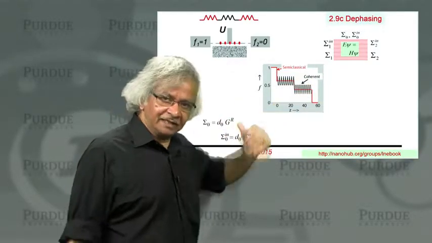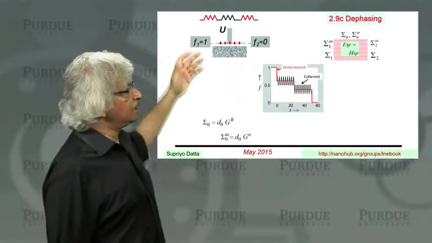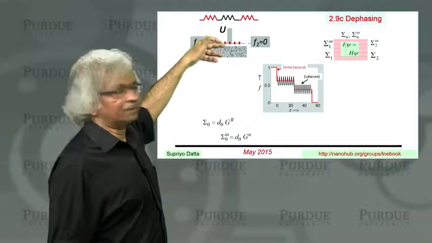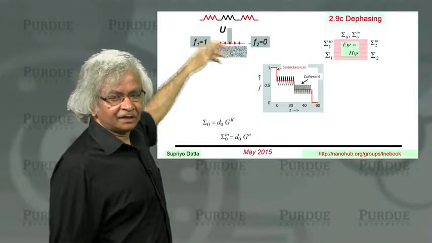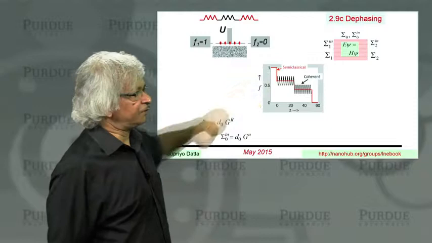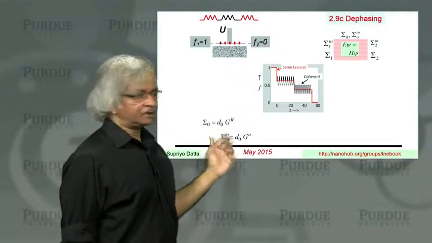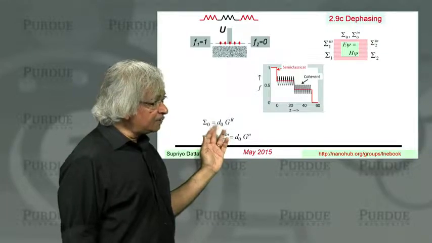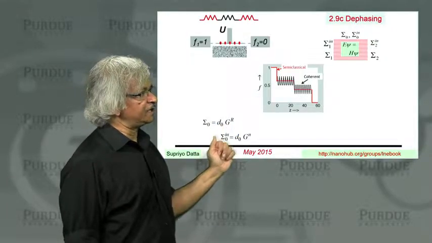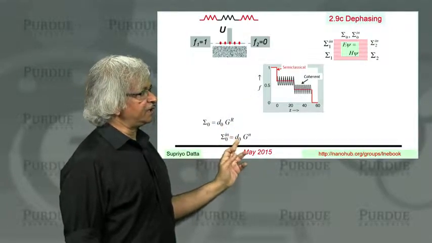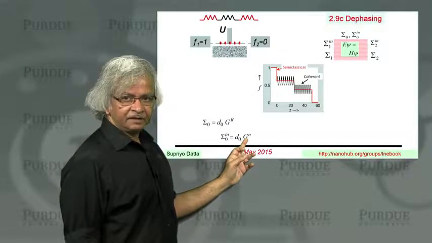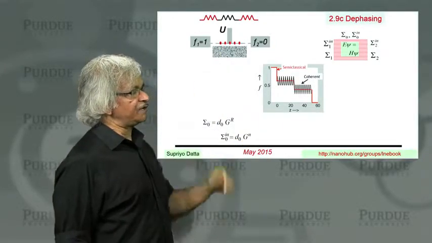But as I explained in the last lecture, it's important to include these random potentials, because that's what destroys this phase information. And what I claim is that this choice of sigma, namely sigma 0 n equals D0 times the Gn, includes phase relaxation.